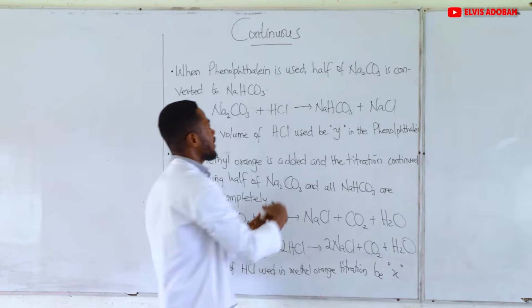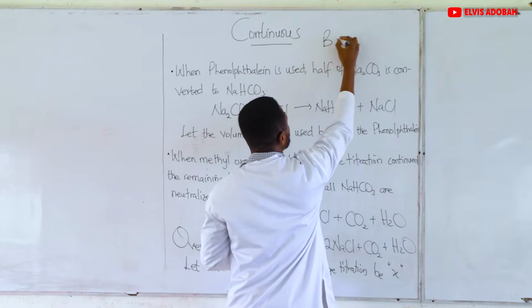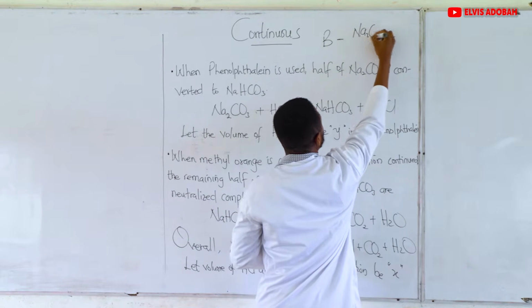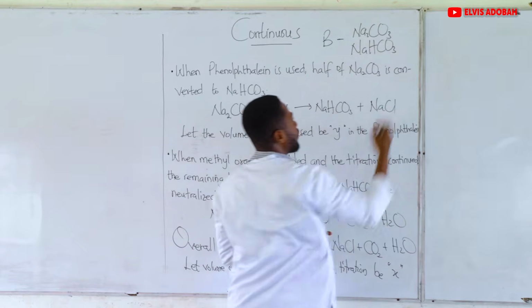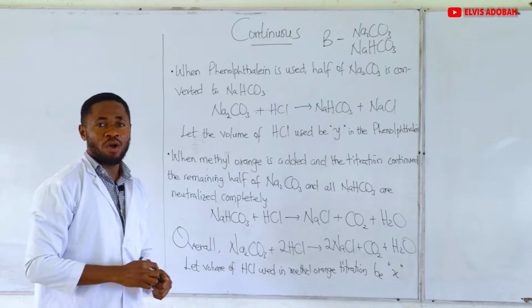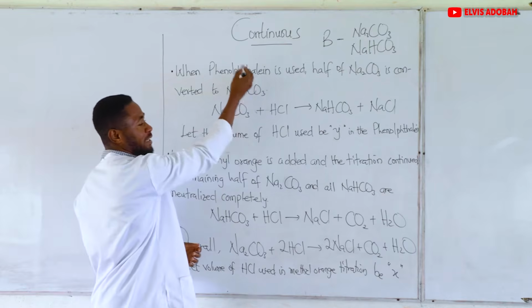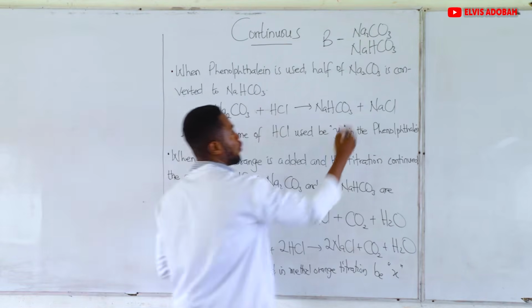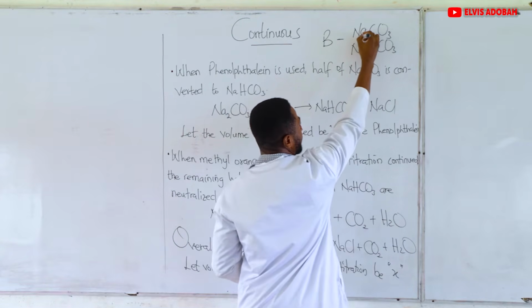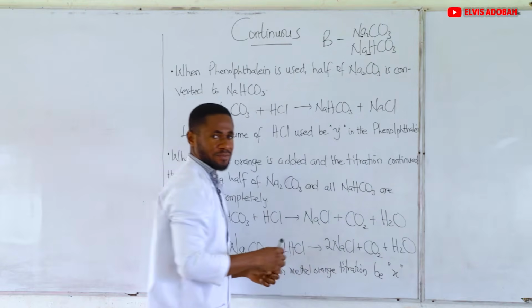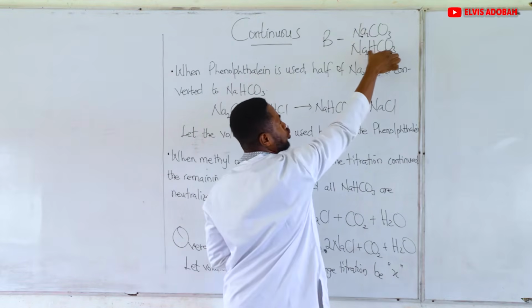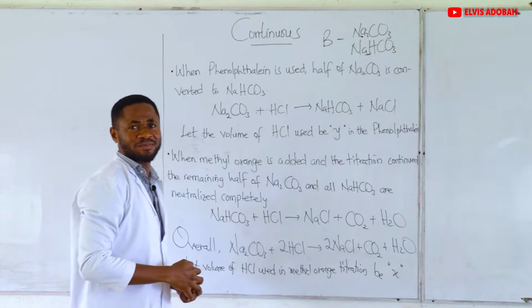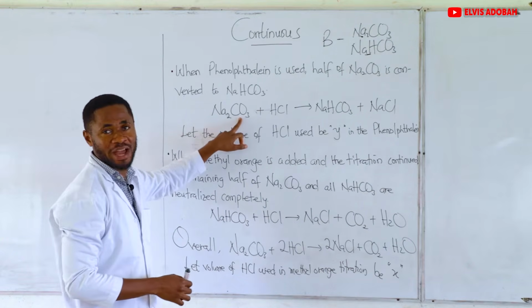So let's remember, the mixture in solution B is sodium carbonate and sodium bicarbonate. In the phenolphthalein titration, we won't touch the sodium bicarbonate. But we are going to touch half of the sodium carbonate and convert it to sodium bicarbonate. And this is the chemical reaction.